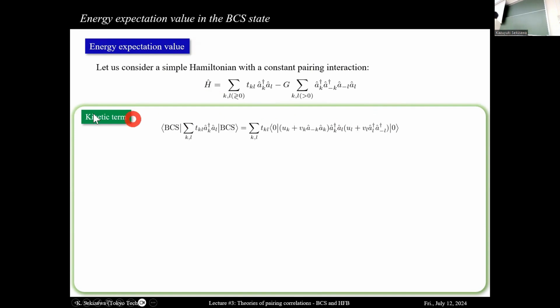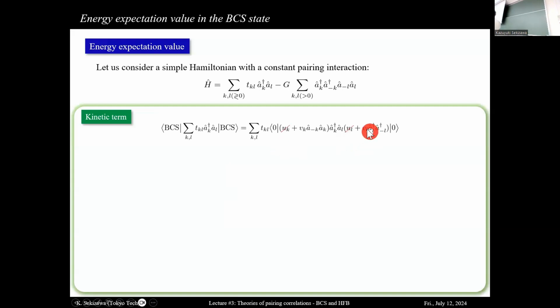The kinetic term is very similar, as you may see here, to the case of the particle number expectation value. So you can eliminate the rest of the terms, and the remaining part is this.